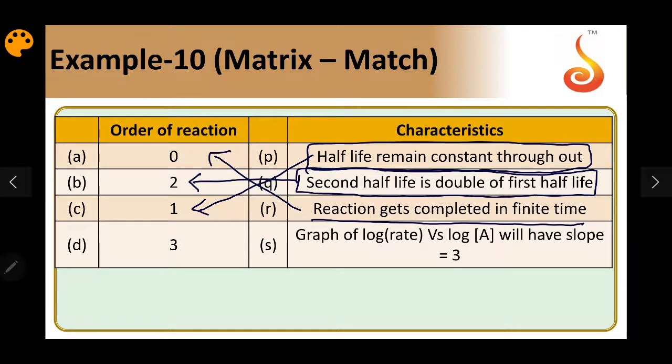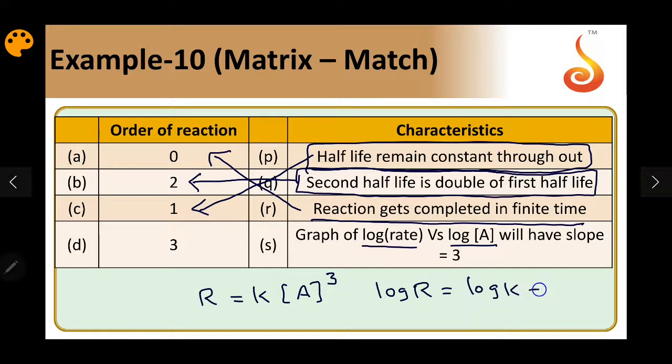And the graph of log of rate versus log of concentration of A. In case of third order, rate is equal to K into A to the power 3. So if you plot a graph, log of R is equal to log K plus 3 log concentration of A. So log A and log R you are plotting.